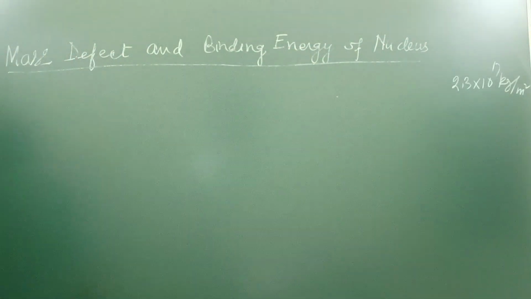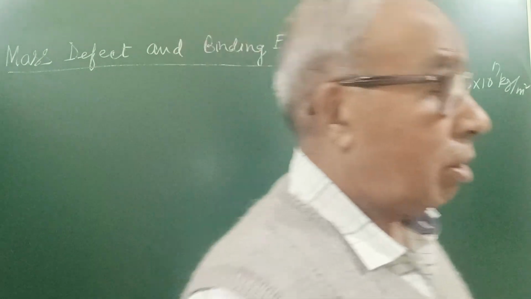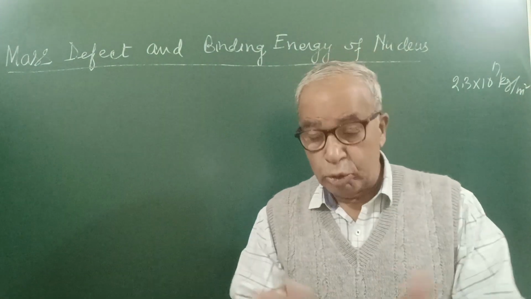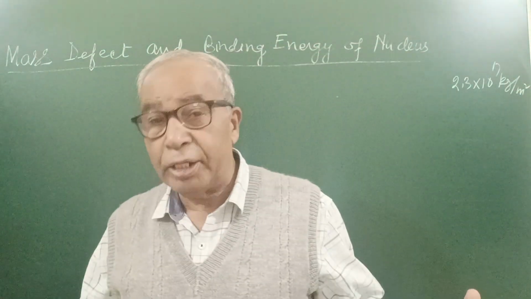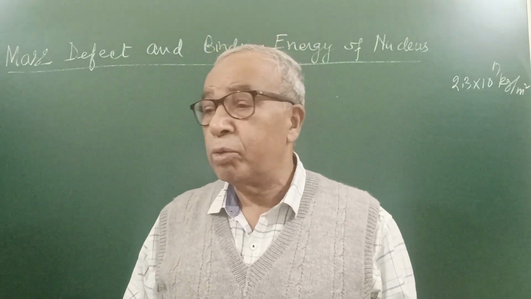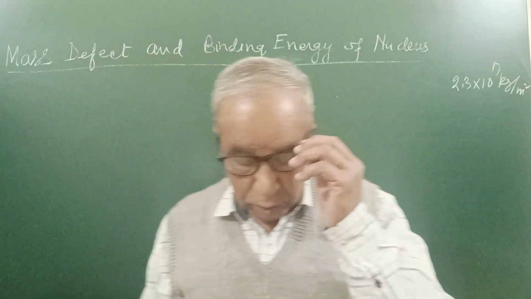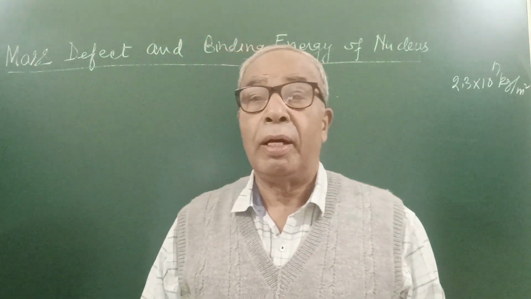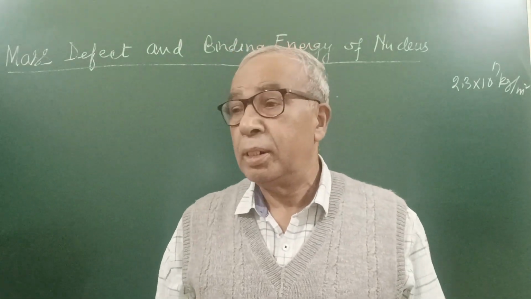Very simple. To liquefy a gas, the molecules have to be brought closer, so extra energy has to be taken out. And when you want to solidify a liquid, again a large amount of energy has to be taken out.